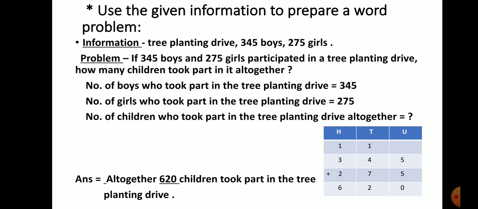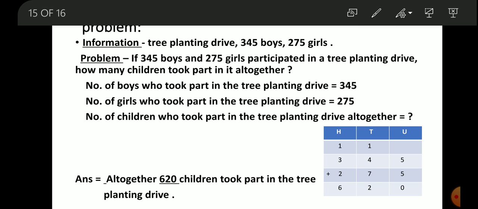Now you have to remember this word altogether here, boys, when you form a problem. Your addition problem should have either altogether in the question in the last sentence of the problem. Okay, these words should be there, either altogether, total number, or in all. That indicates that it is an addition problem.